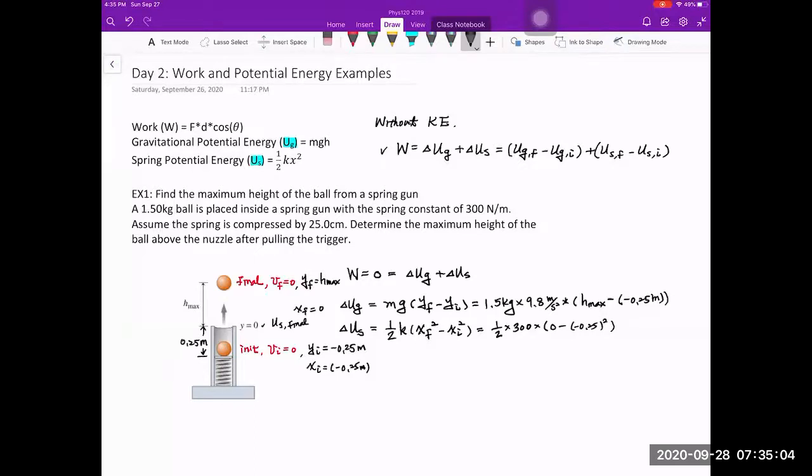potential energy. Then you sum these two together, make it equal to 0, then you can solve for this problem. So let's sum all these together.